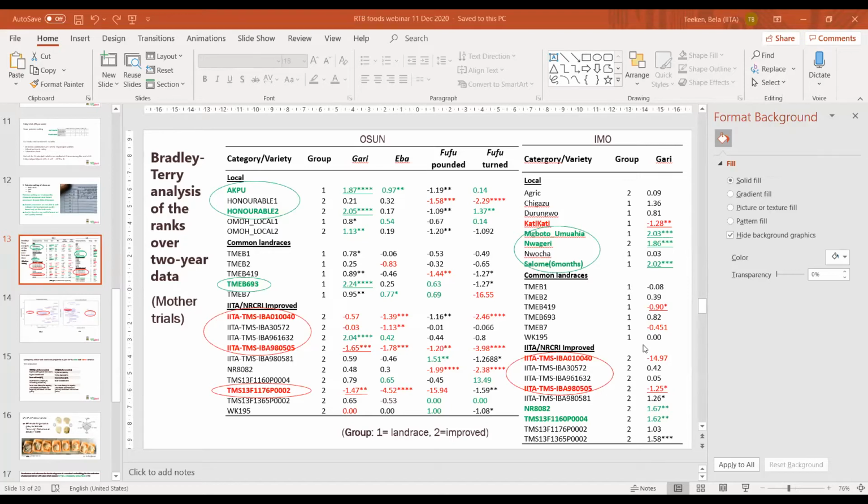But if you go to the other side, where you have little fermentation, you see that it's nicely aligned. Higher dry matter varieties, higher yielding varieties and higher Gari yielding are associated with higher quality products. So this is, I think, an important insight to take on.